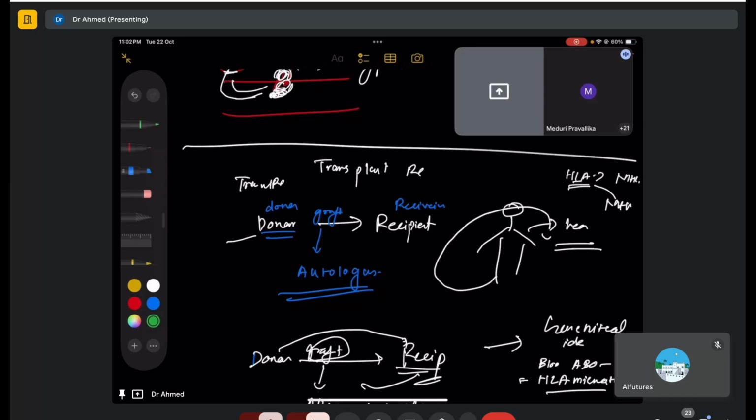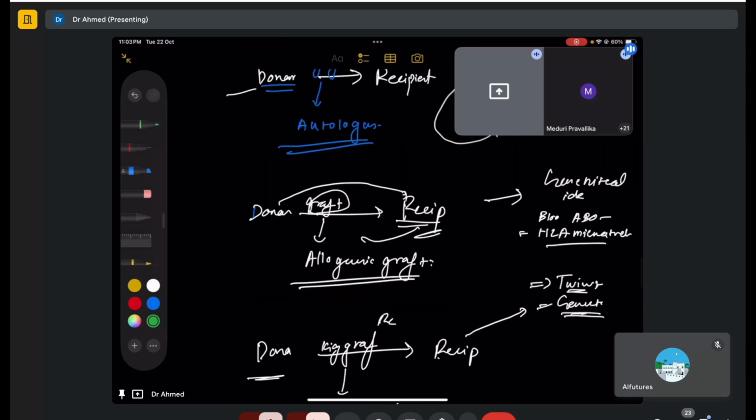Then the next one is allograft, or allogenic graft, in which the graft is taken from the same species. Are they genetically identical? No, not genetically identical, like in blood transfusions, liver transplantation, kidney transplantation, etc. All belong to allogenic graft.